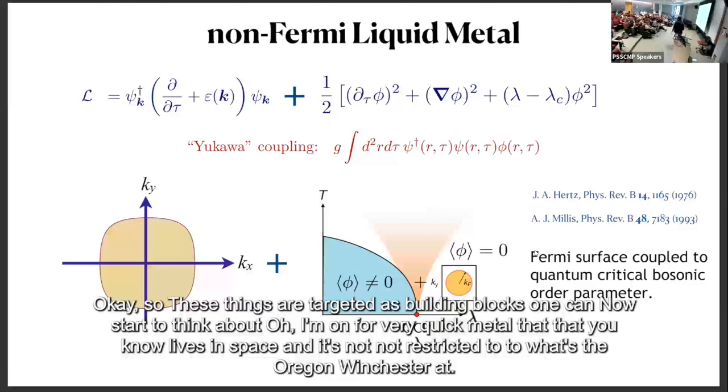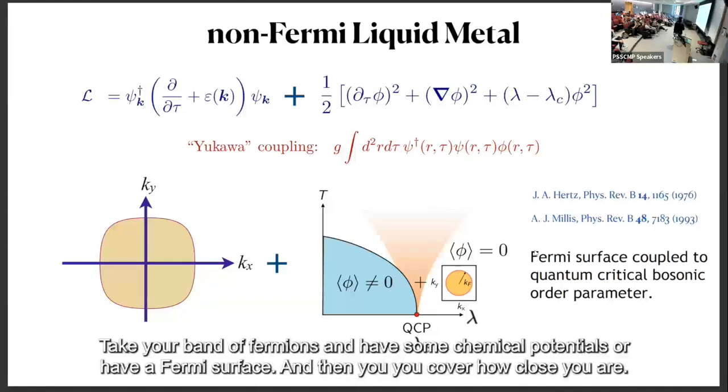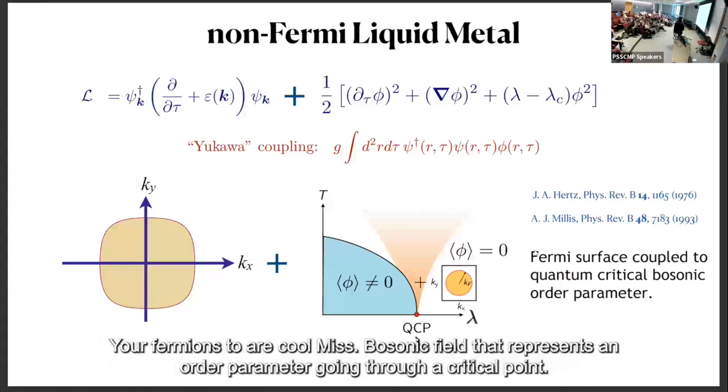Okay, so with these things as building blocks, one can now start to think about a non-Fermi liquid metal that lives in space, and it's not restricted to a 0-dimensional atom. So the traditional way in which people have tried to write down models of non-Fermi liquids is that you take a band of fermions with some chemical potential, so it has a Fermi surface, and then you Yukawa couple your fermions to a bosonic field that represents an order parameter going through a quantum critical point.